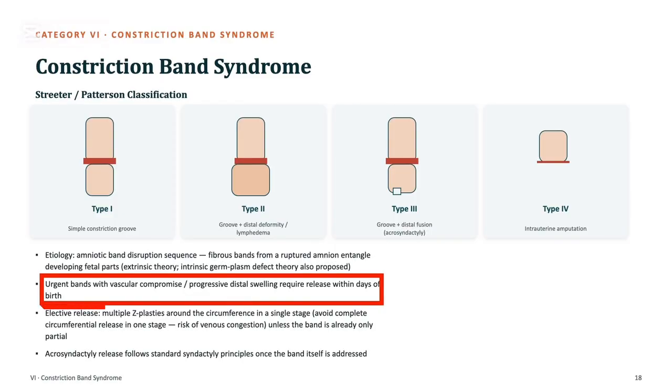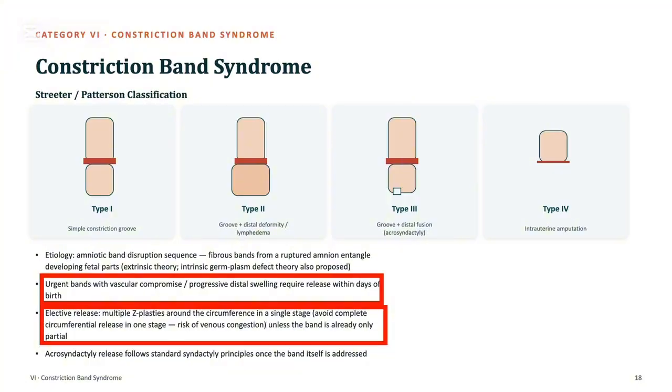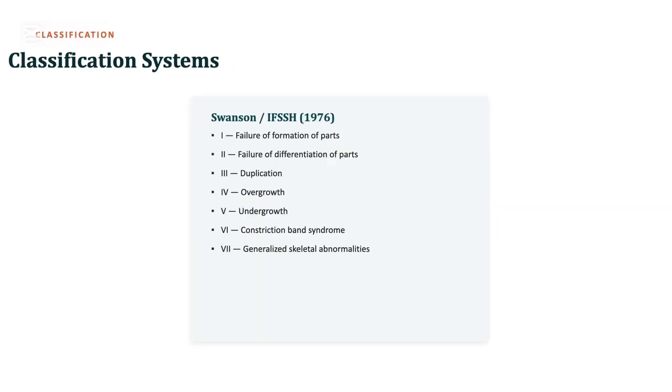And reserve the elective release for constriction bands with less pressure. Again, the generalized skeletal abnormalities are mentioned for skeletal deformities that do not belong to any part of these earlier classifications.